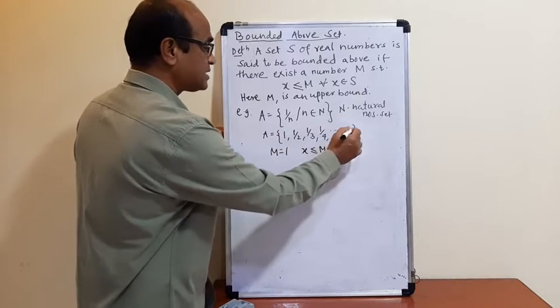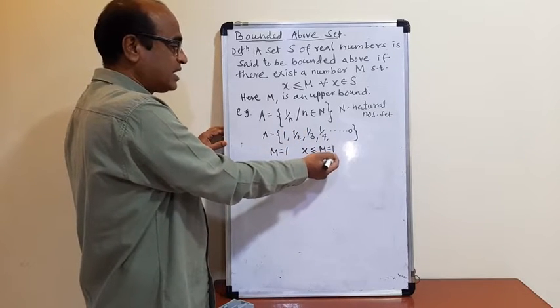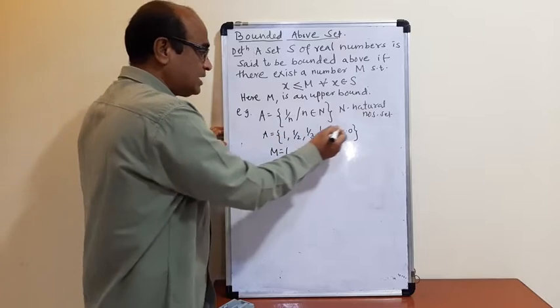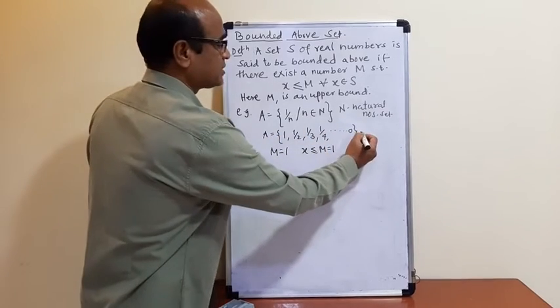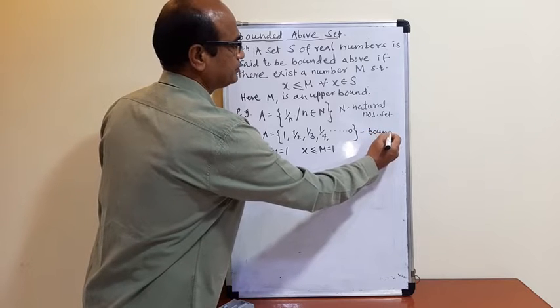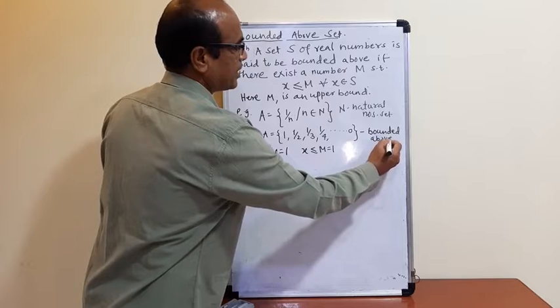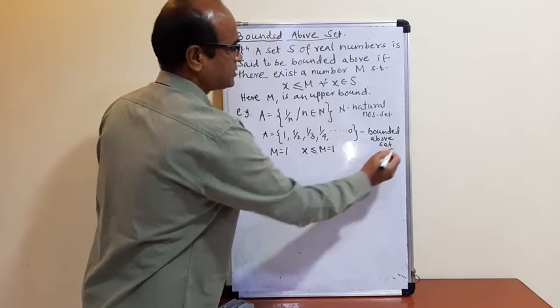All the elements of this set are less than or equal to 1. So this set is a bounded above set.